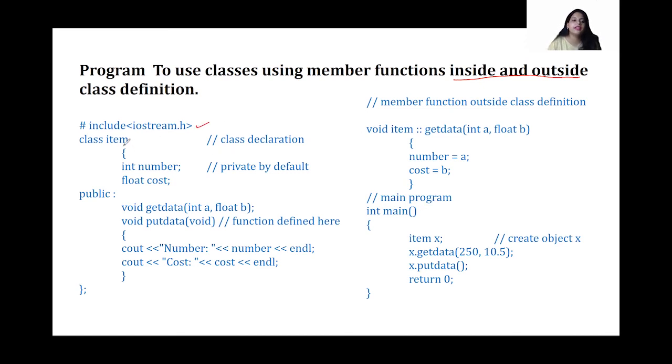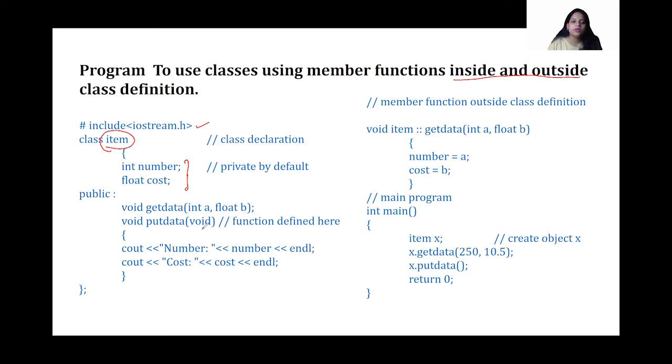This is my header file. My class name is item here, and I have these two data members. Then in the public section, I am declaring two functions. Have a look at these functions very carefully. I have void get data with some parameters and a semicolon. This means I am just declaring it here. I don't have the definition here, right?